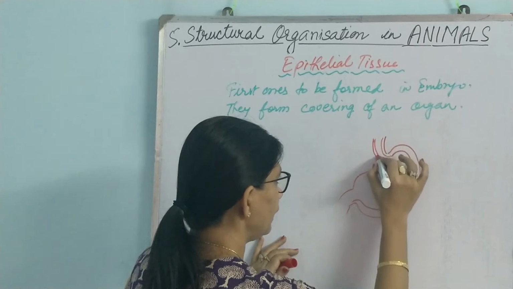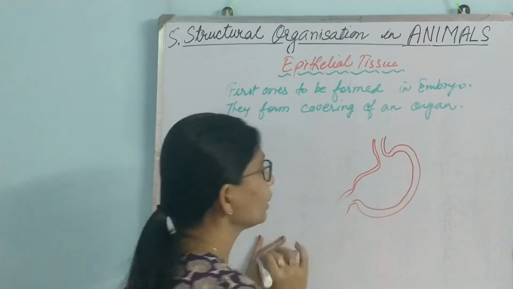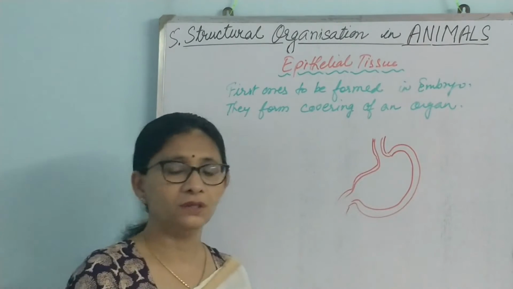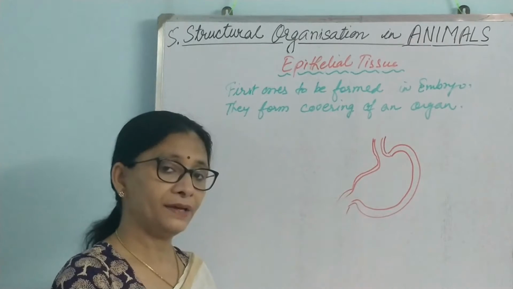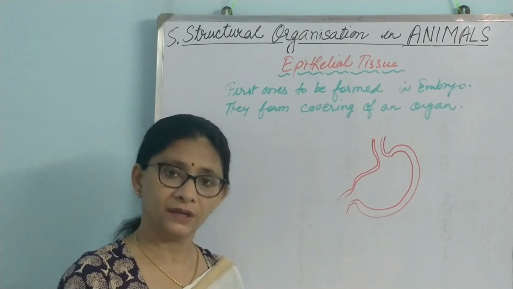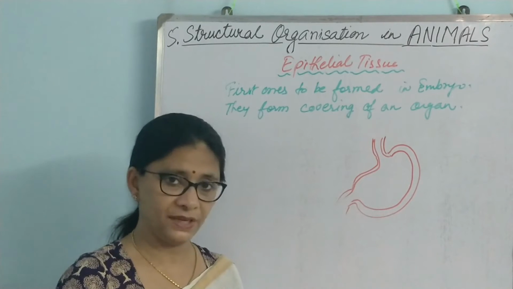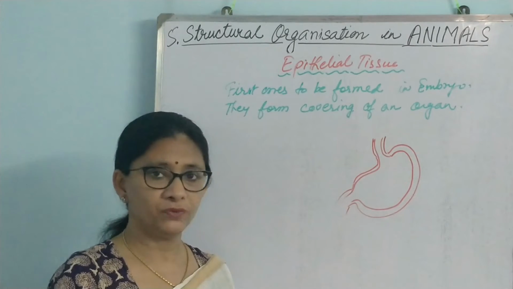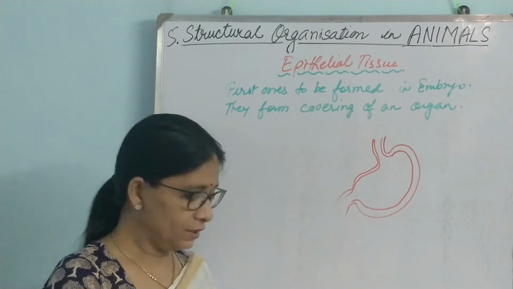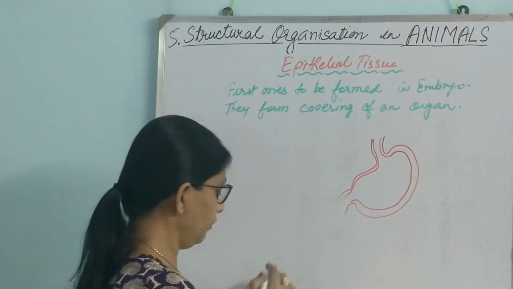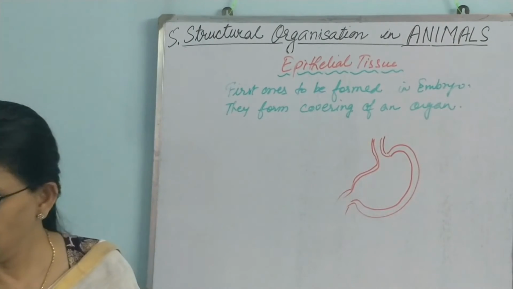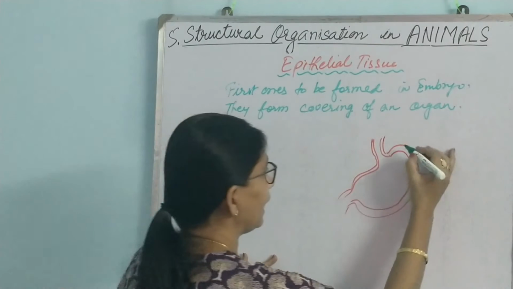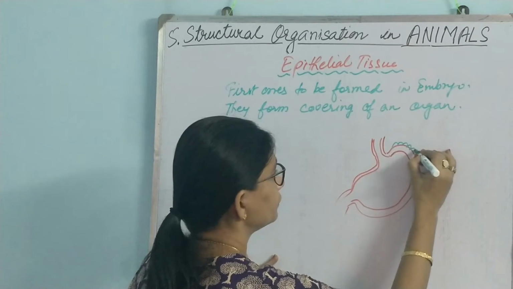Every organ will have a wall. Some organs will have a thick wall, some will have a thin wall. Like an organ or duct or vessels, everything will have a wall, because without a wall, how will the structure be formed? This wall is made up of epithelial tissue, and epithelial tissues are lying on the outside.